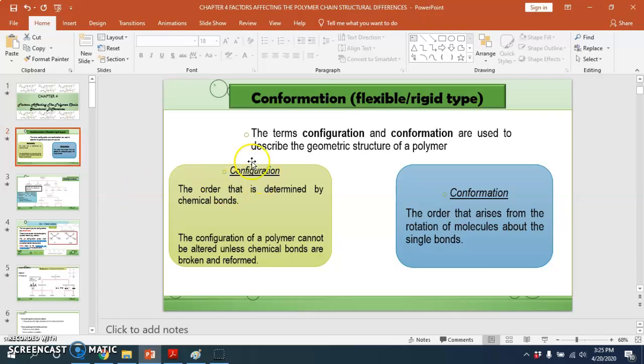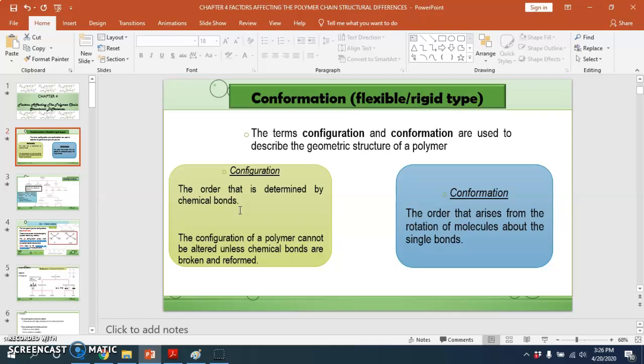Let's see about configuration. So what is configuration? Why do we use the term configuration in polymer? Configuration is the order that is determined by chemical bonds. So just like I mentioned just now, chemical bonds in polymer are different from those found in metal, ceramic, and so on because it is composed of non-metallic elements.